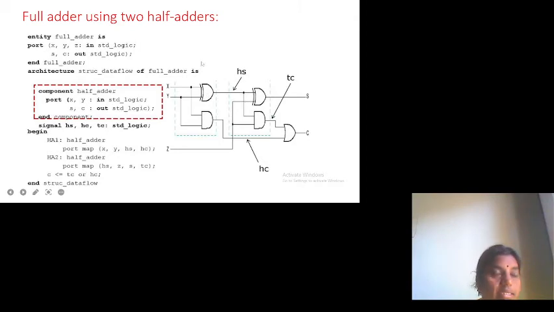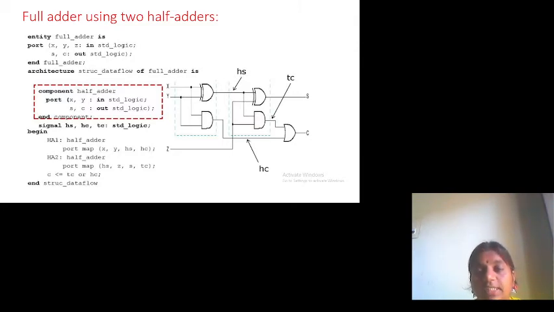Considering this design methodology, here I am writing the full adder in structural method. In structural modeling, we use port map, and we write the architecture with the component declarations and signal declarations.